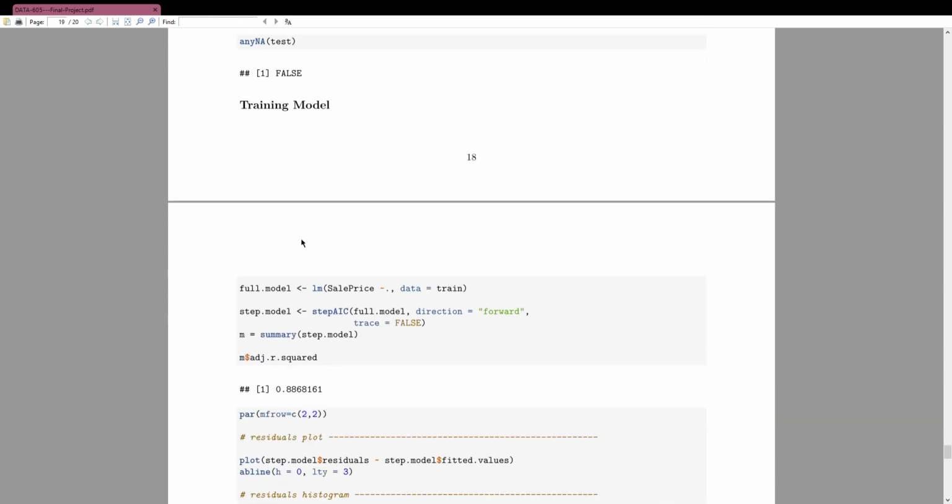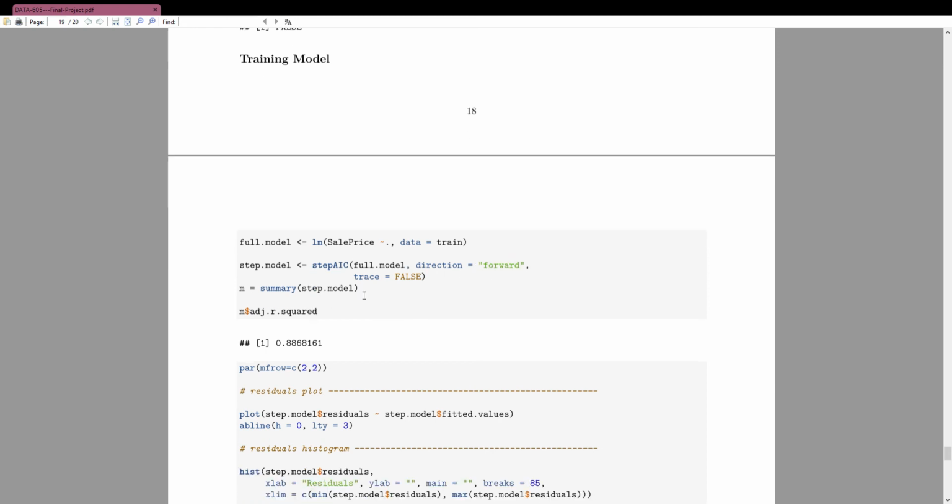Now comes time to train the model. We use a step AIC function, once again from that math library. We are doing a forward stepwise process, and this is pretty much taking the lowest p-values and adding it to the model, and it's pretty much giving you the highest adjusted R² possible.